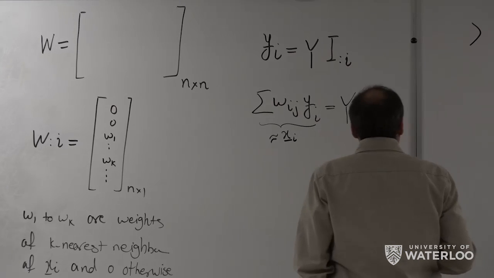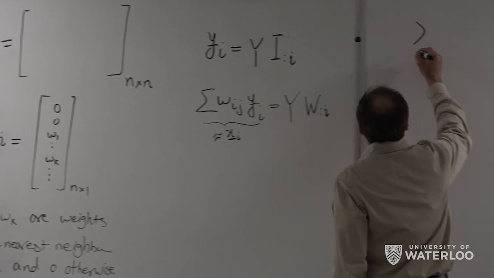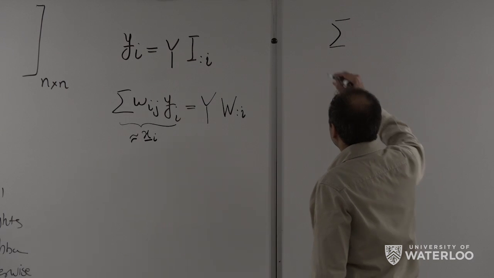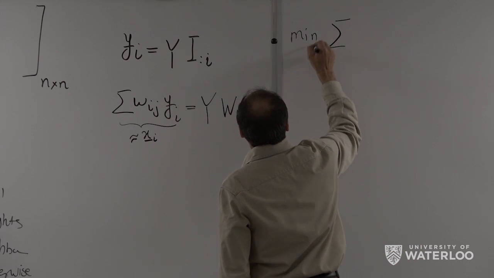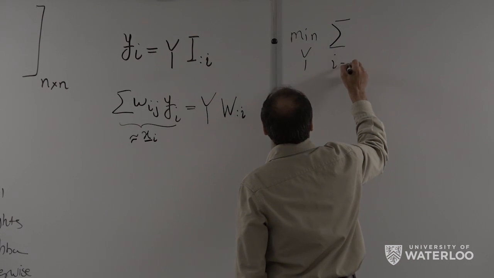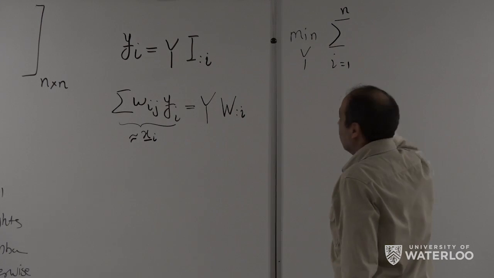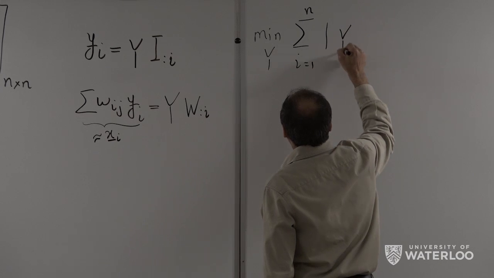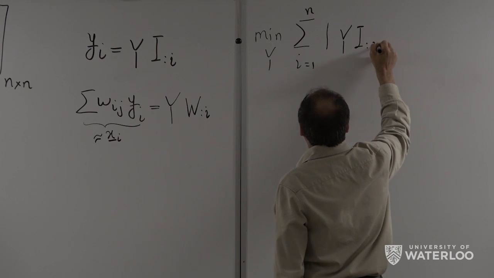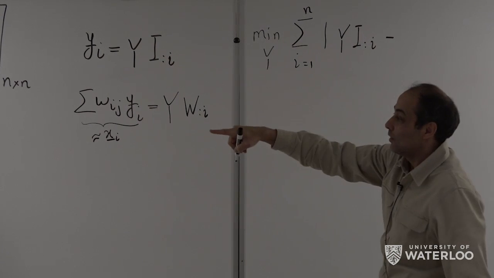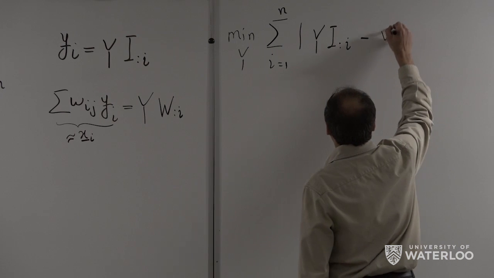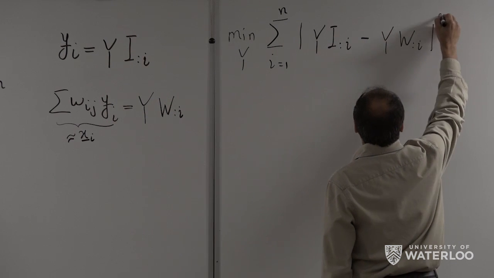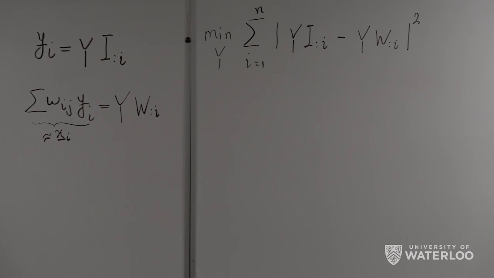Okay? So having this, the objective function would be, basically I need to minimize the sum for i equal 1 to n of yi, which is Y I_i, minus this summation, which is Y W_i.